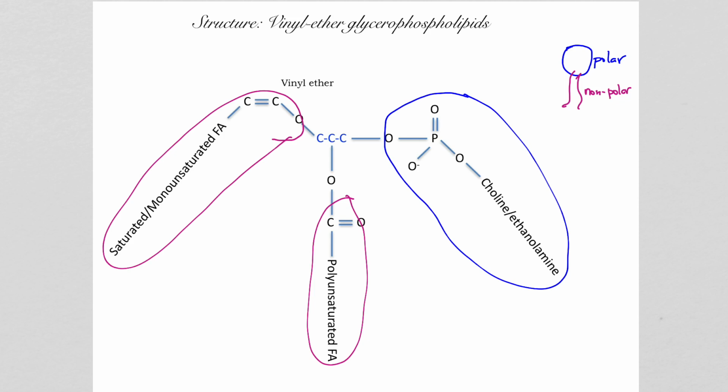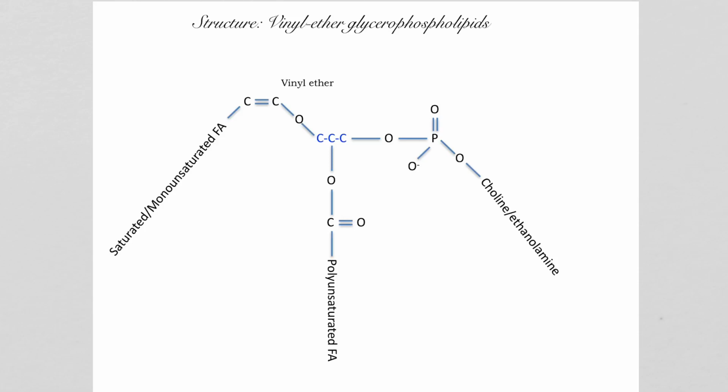So plasmalogens are also amphiphilic lipids. So if you look at the plasmalogen structure, this part here is glycerol. So it is a glycerol, there is phosphate. So it is a glycerophospholipid. And we talked about other types of glycerophospholipids in the past.